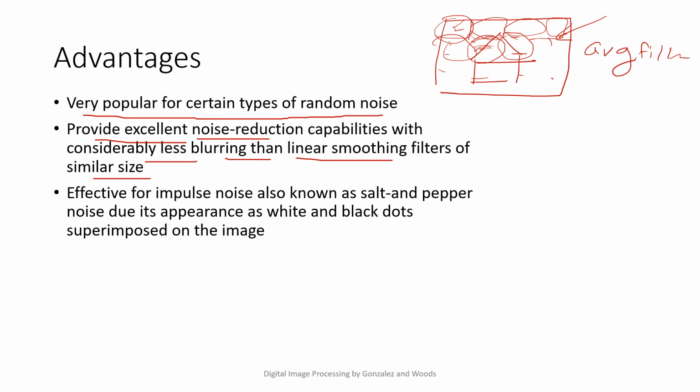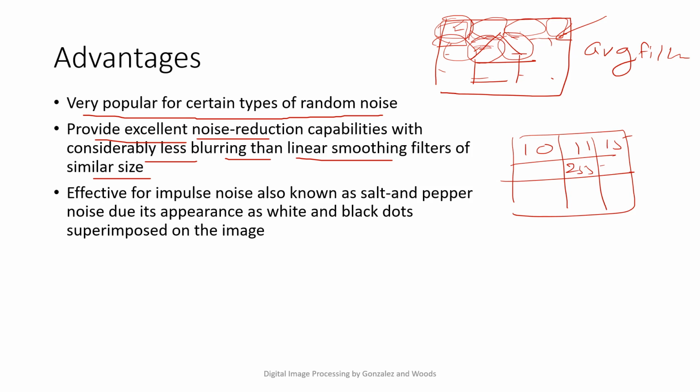Another advantage of using the median filter: while doing the average, suppose this is the value of the image matrix. When I want to replace this particular value by averaging, I take the average of all the pixels and write it here, and the resultant value is not from the image itself.